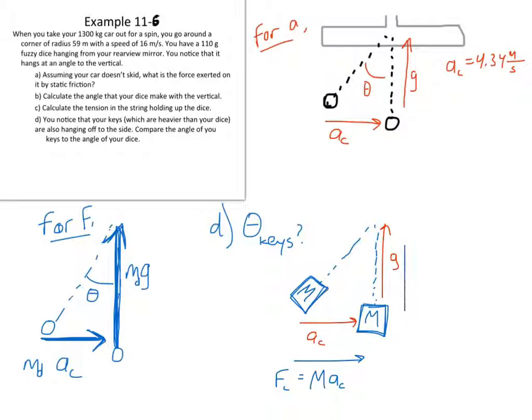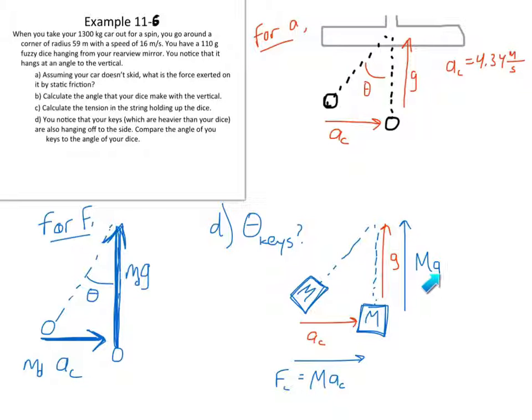The vertical force, really the supporting force of the string or the lanyard or whatever your keys are on, is mass times G. Nothing is really changing. Just the values are changing, not the proportions.